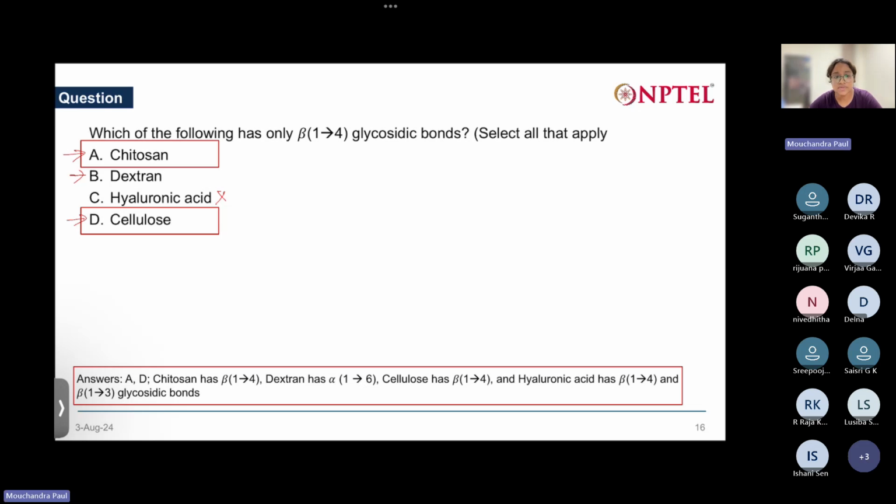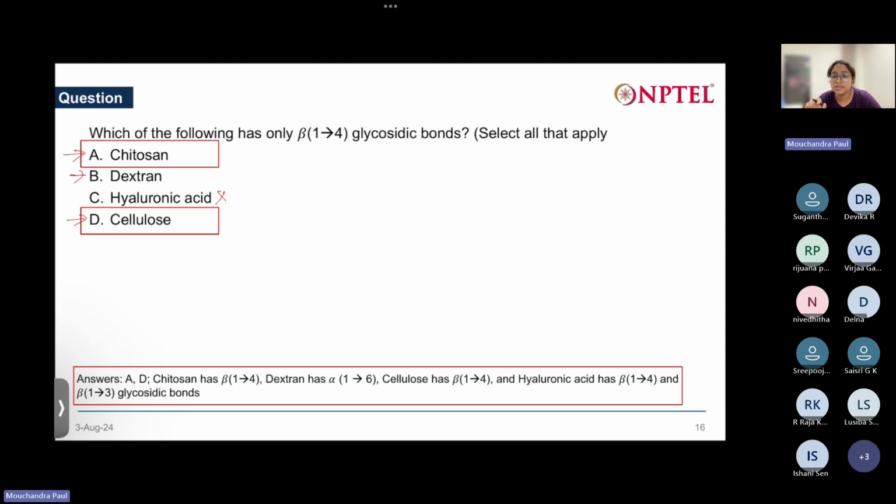If you see the structures of cellulose and chitosan, you will see that both have beta 1,4 glycosidic bonds. In cellulose, glucose molecules are connected in beta 1,4, and in chitosan, I don't remember the monomers, but you can check it out. Whereas dextran has alpha 1,6, not beta.